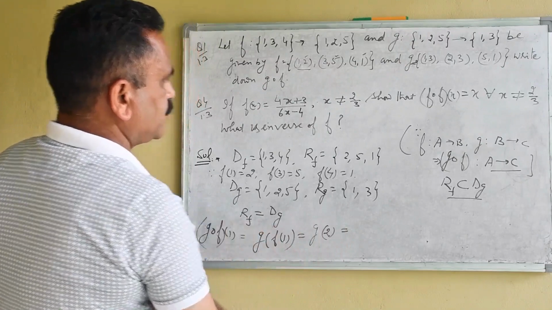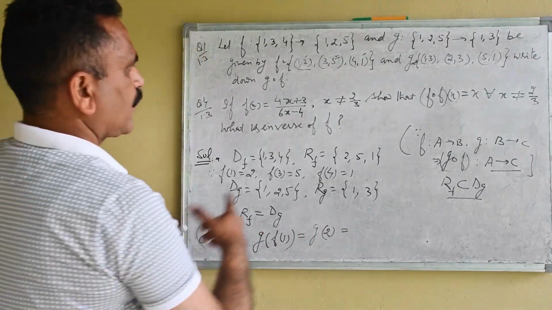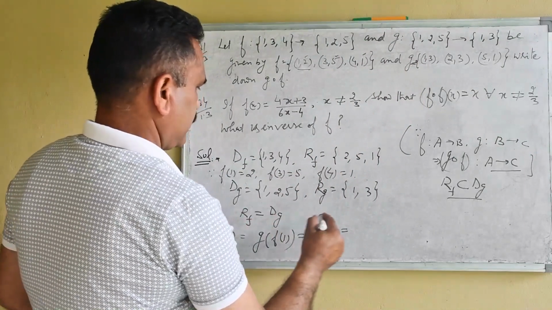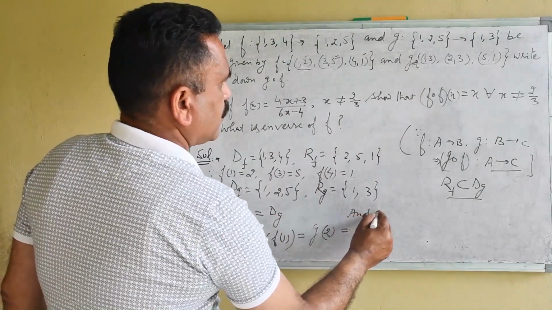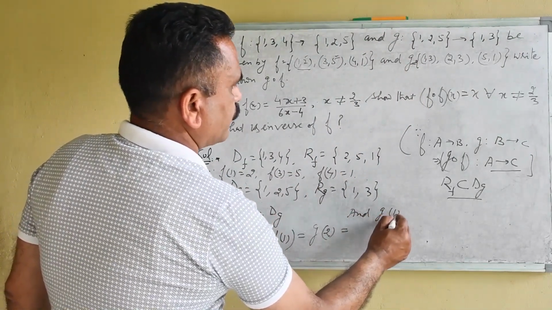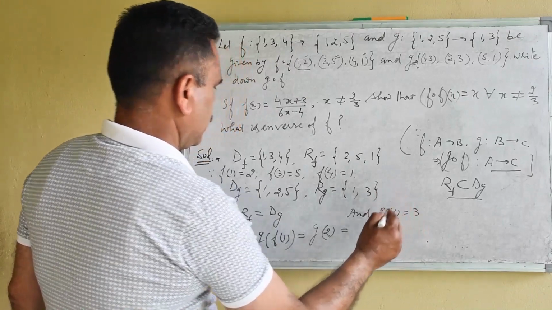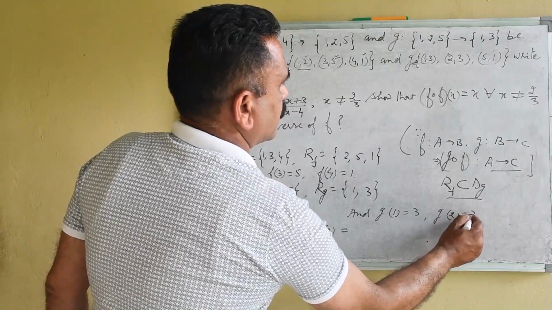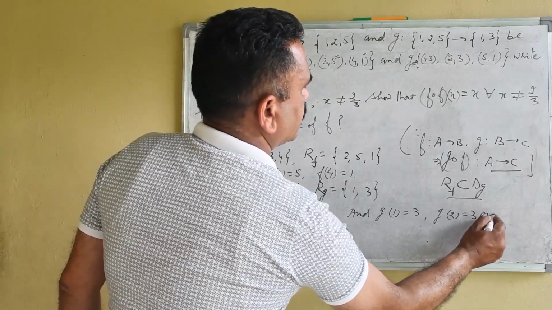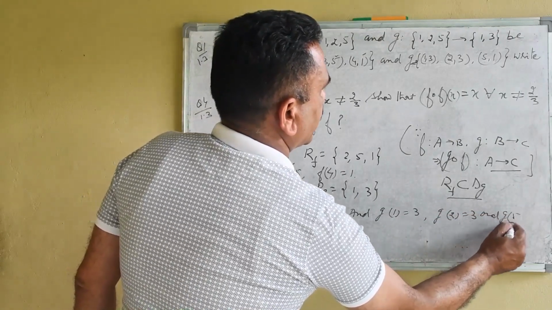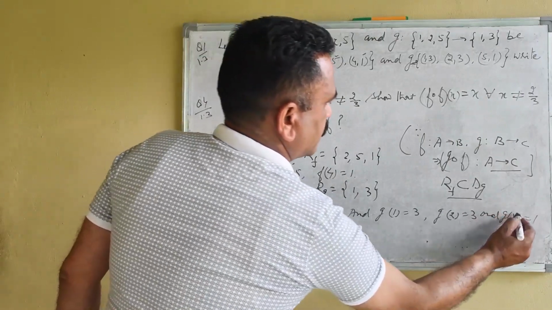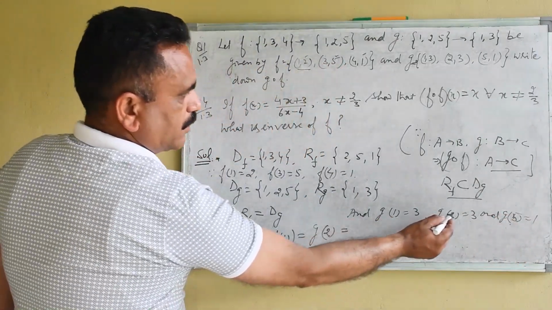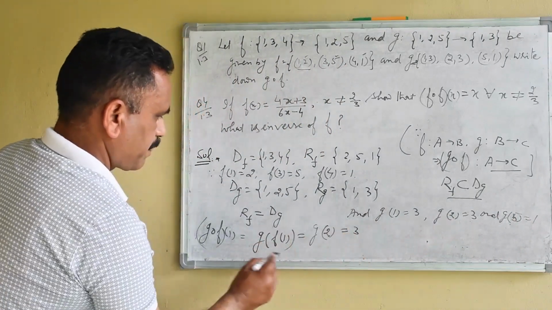What is the value of g(2)? Similarly, what is the value of g(1)? That is equal to 3. What is the value of g(2)? That is equal to 3. And g(5) is equal to 1. So similarly, g(2) is 3.